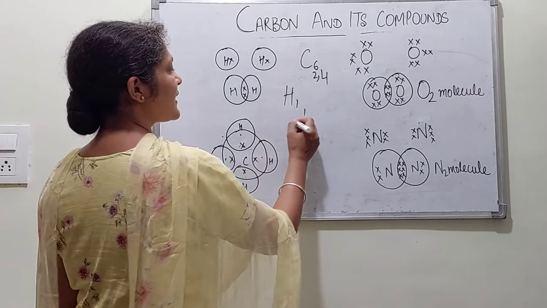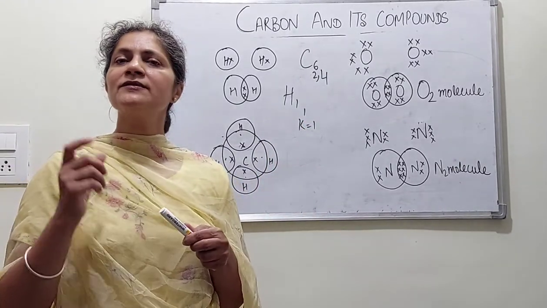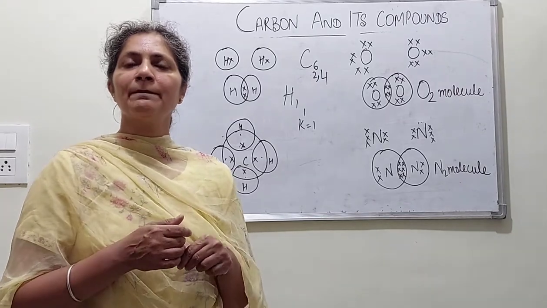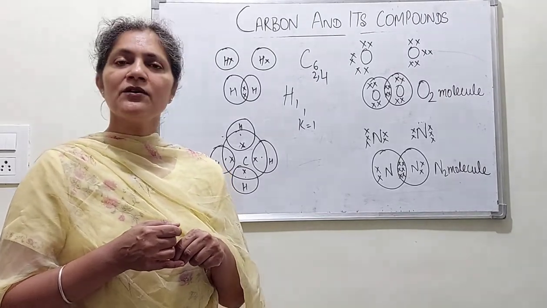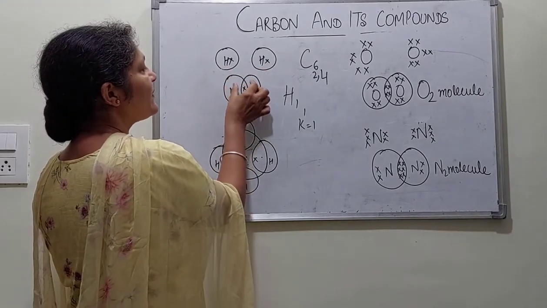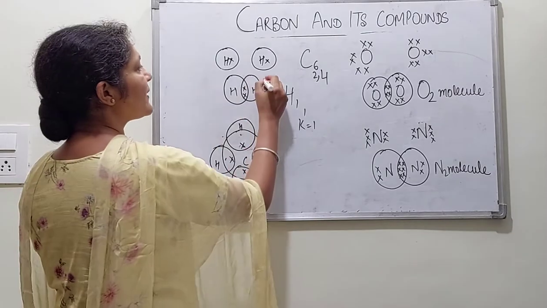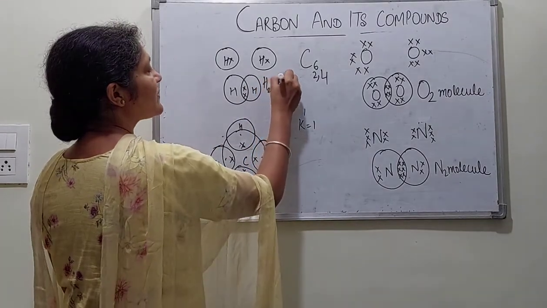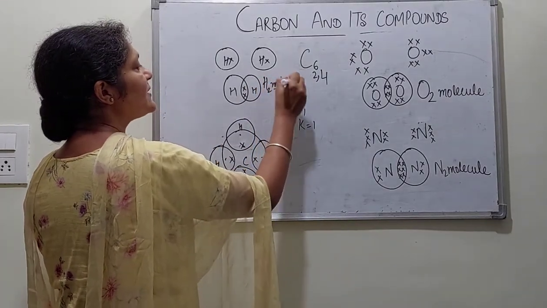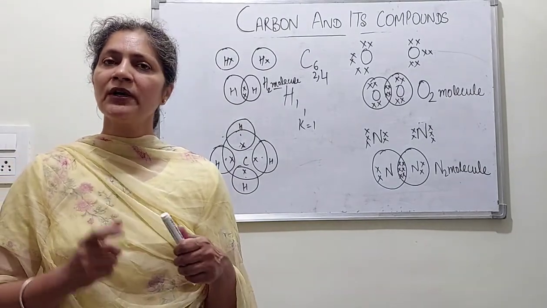So in its K shell it has only 1 electron. So it requires 1 more electron to complete its octet. So hydrogen atoms will combine and share their 1 electron each to form a hydrogen molecule. Right students?